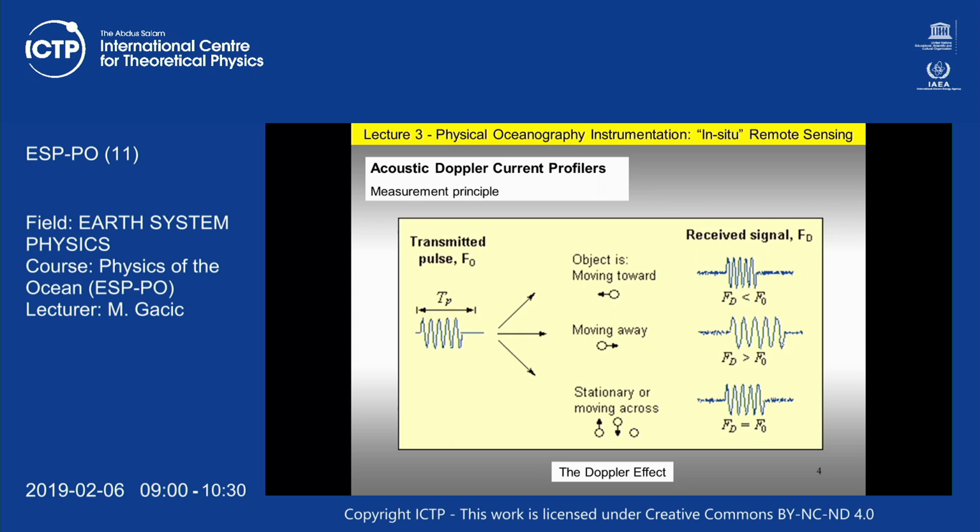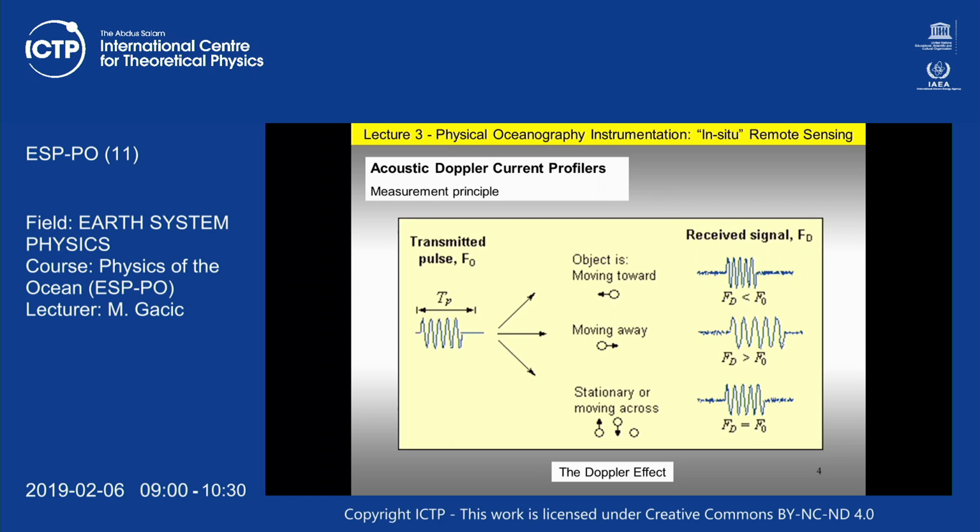So the ADCP can be used not only for measuring the vertical velocity and the velocity in general, but also for biological purposes, because it helps us to determine the zooplankton presence in the ocean and its vertical movement.